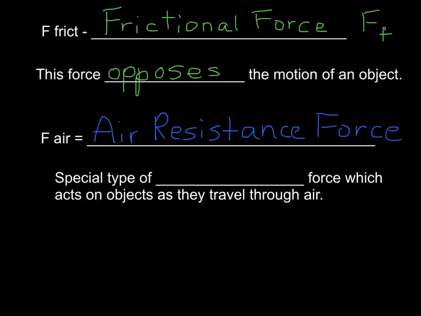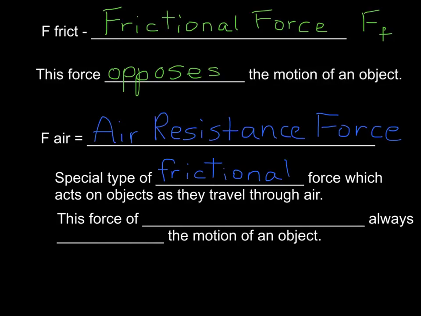The air resistance force is a special type of frictional force. It is a friction force which acts on objects as they travel through the air. So air resistance is friction. It's just a special kind of friction.